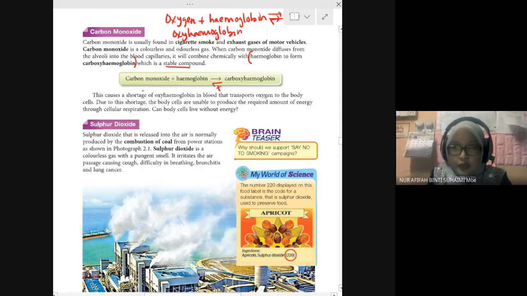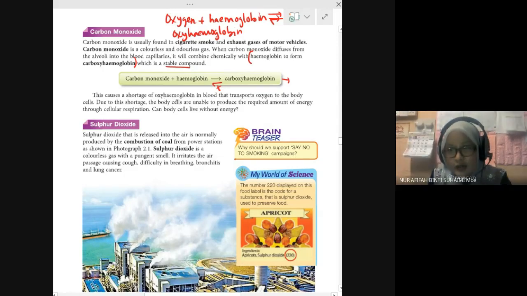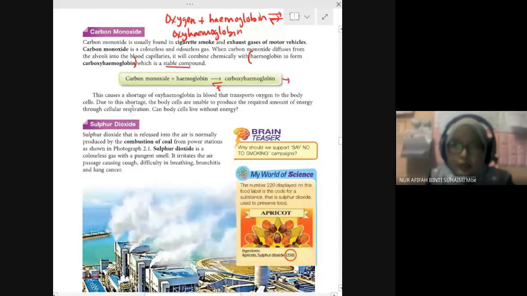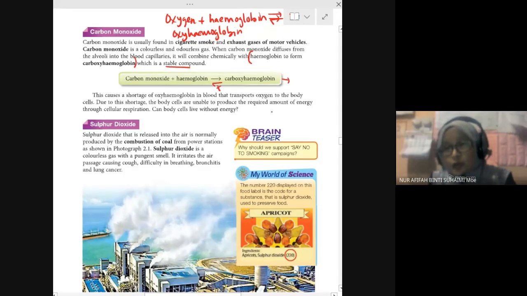When it becomes carboxyhemoglobin, it will cause a shortage of oxyhemoglobin. So this carbon monoxide will become the majority in your red blood cells, and you will lack oxygen to be transported to the whole body. Understand? So your body cells will be unable to produce the right amount of energy, cannot produce energy to do activity because of lack of oxygen. Why lack of oxygen?